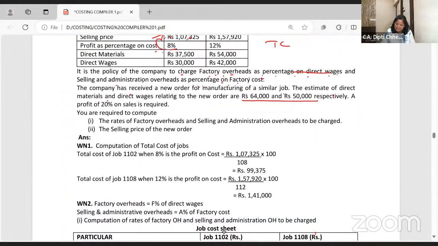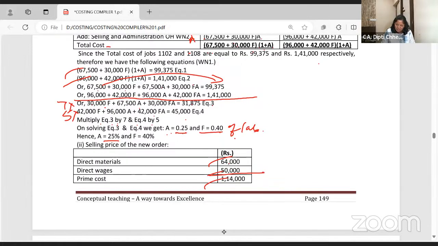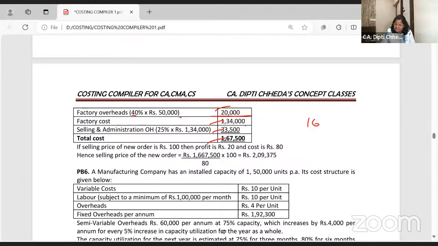And now in the question they clearly said a profit of 20% on sales is required. What is the total cost? 167,500. And if sales is 100, profit is 20% on sales and cost is 80. So can you complete this?